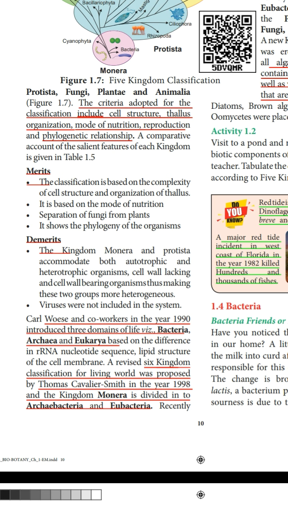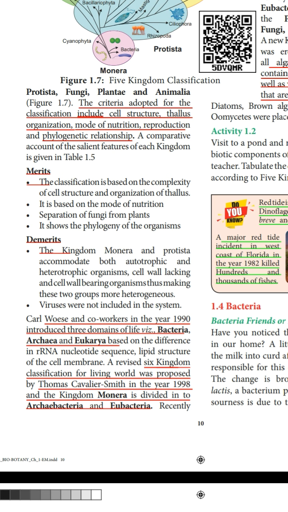After this, a revised 6 kingdom classification was given for the living world. This was proposed by Thomas Cavalier-Smith in the year 1998. As we have studied, the 5 kingdom classification was given by R.H. Whittaker: Monera, Protista, fungi, plantae, animalia.